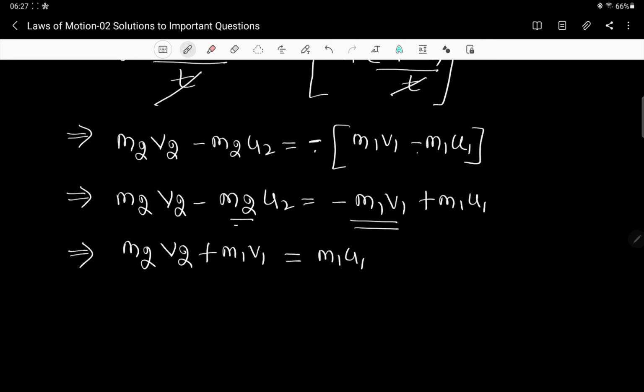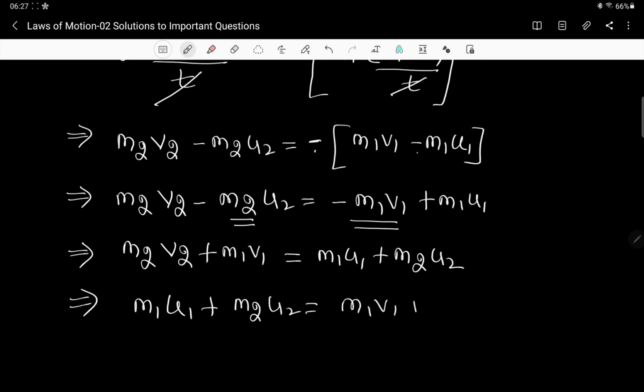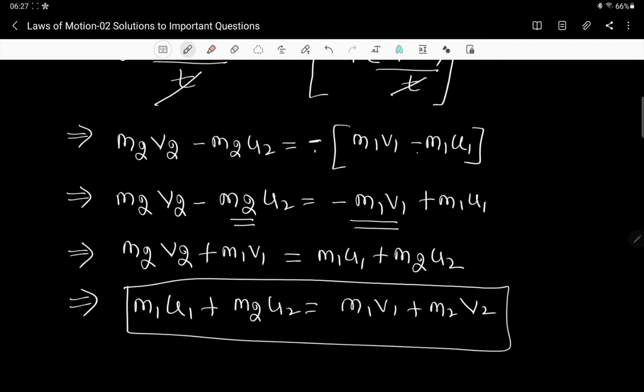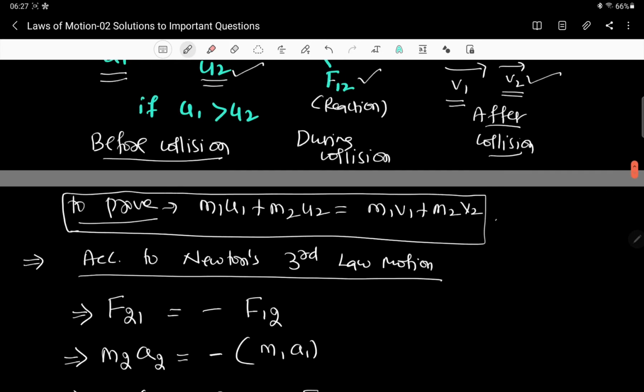Let me take this minus m2 v2 that side, then it becomes plus m2 u2. So once you reverse it and write it, m1 u1 plus m2 u2 is equal to m1 v1 plus m2 v2. This was asked for us to prove, and we have proved it.